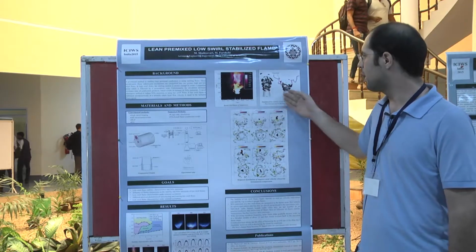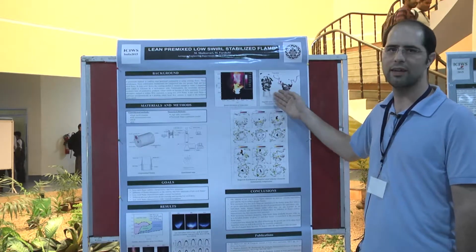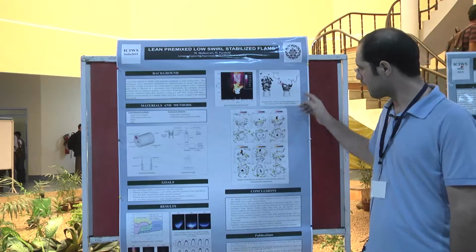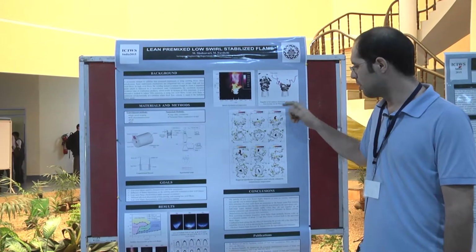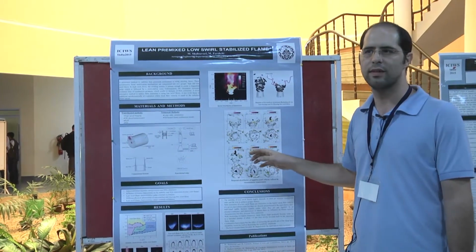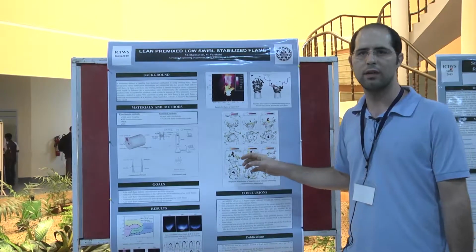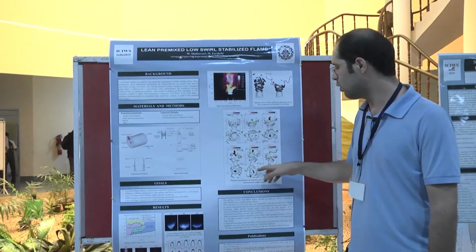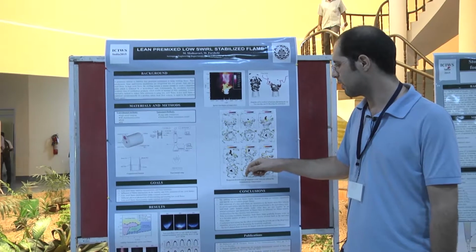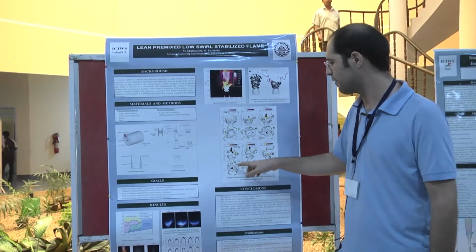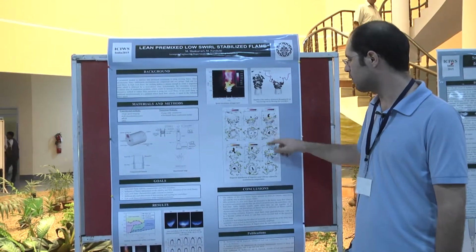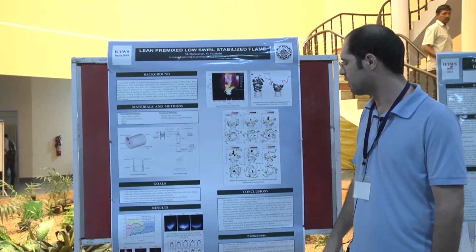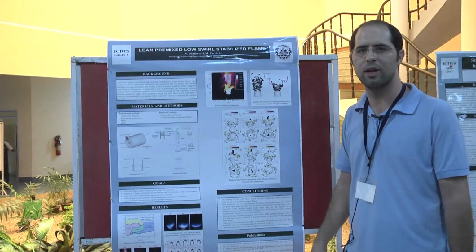Lifted flame, coherent structures of non-reacting and reacting low swirl flow, and this is the flame brush. We saw that although the swirl intensity is low, there is no stagnation point downstream near the flame front, but we have a recirculation zone downstream of the flame front, which does not have any effect on the flame stabilization.